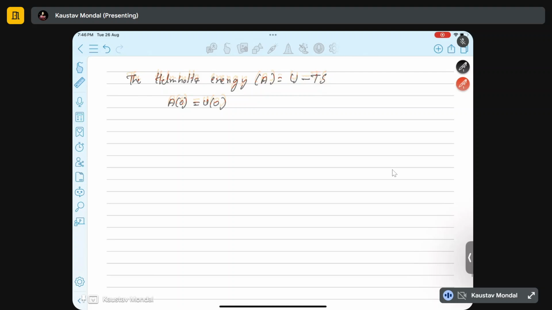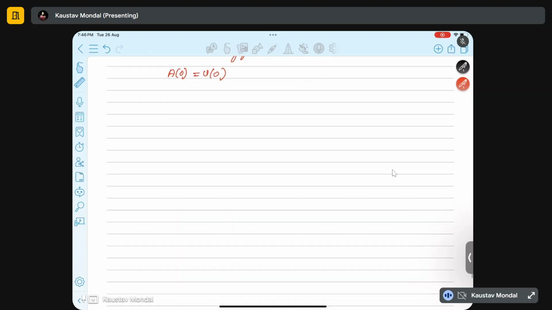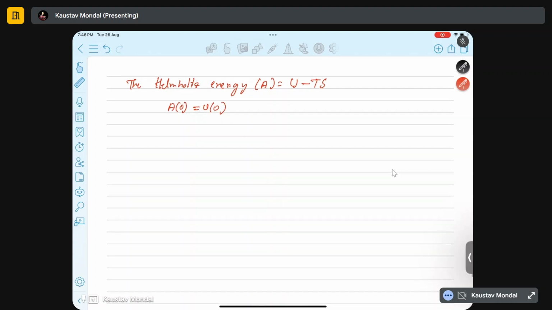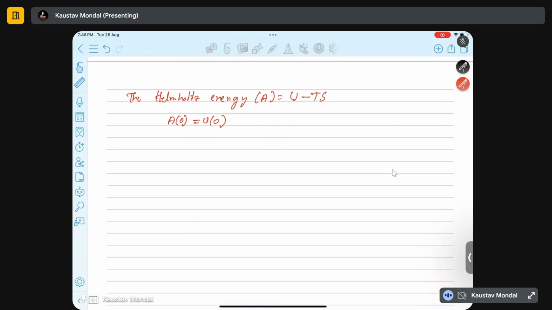So you can write this thing like this. First let me write what we are doing.